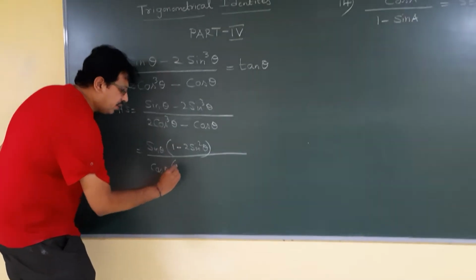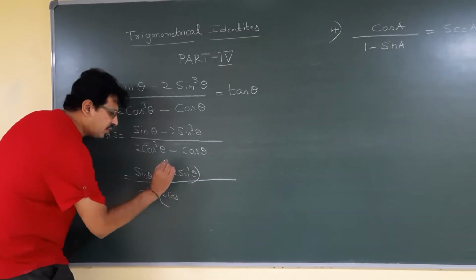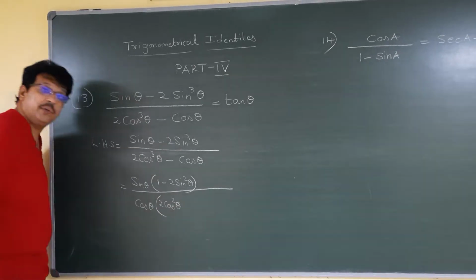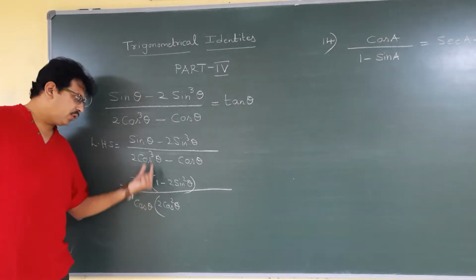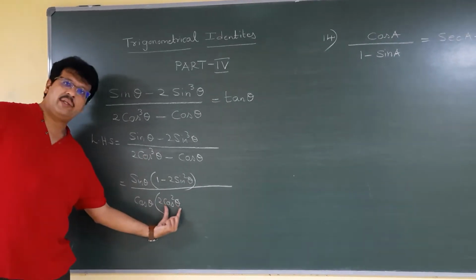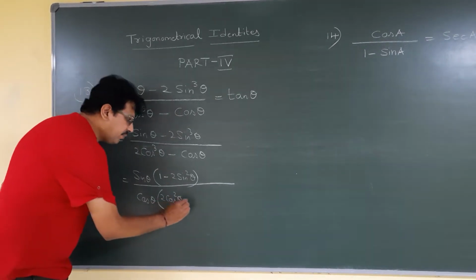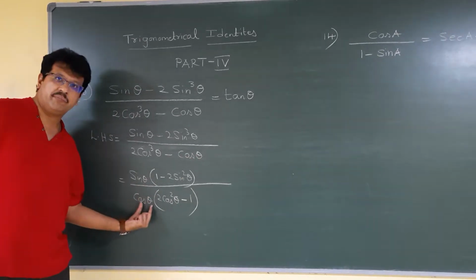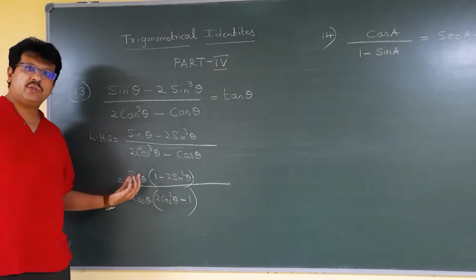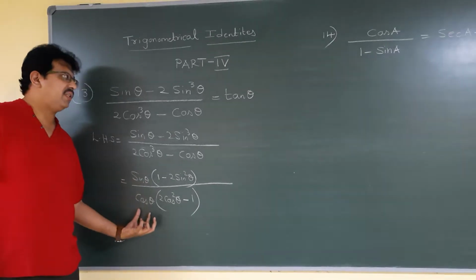So it becomes 2 cos square theta, not cos cube, because 1 cos theta we have taken already outside, minus 1, because the cos theta has been taken outside.